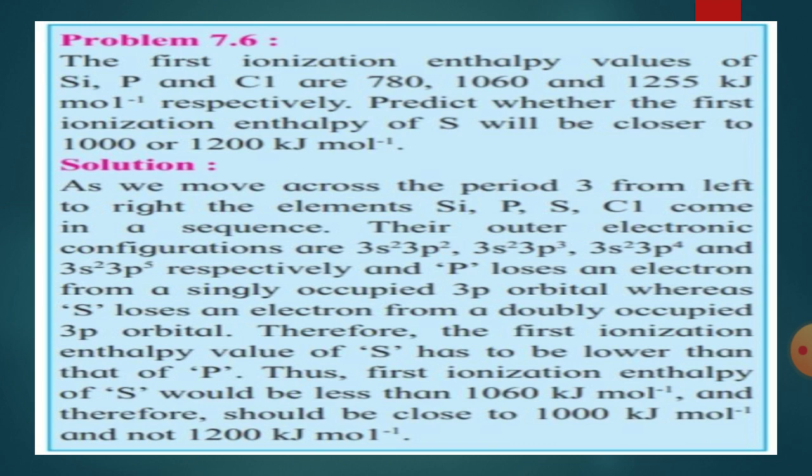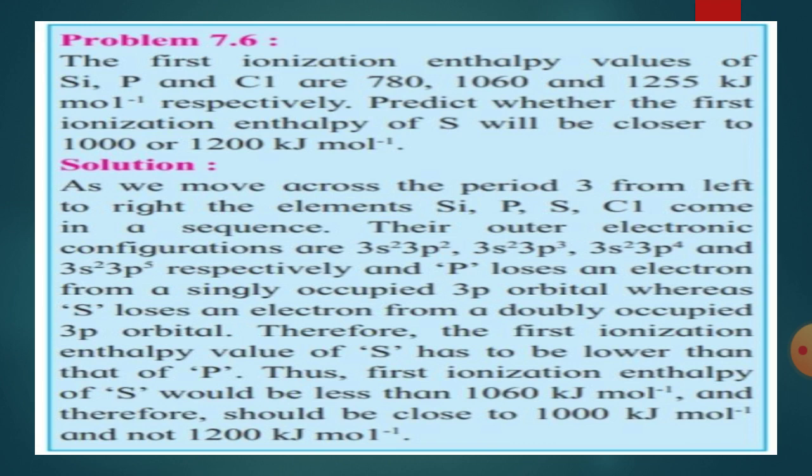Phosphorus loses an electron from a singly occupied 3p orbital, whereas sulfur loses an electron from a doubly occupied 3p orbital.